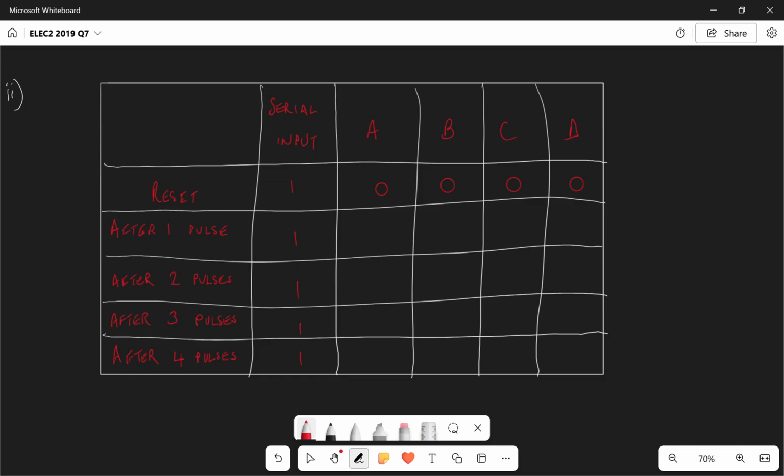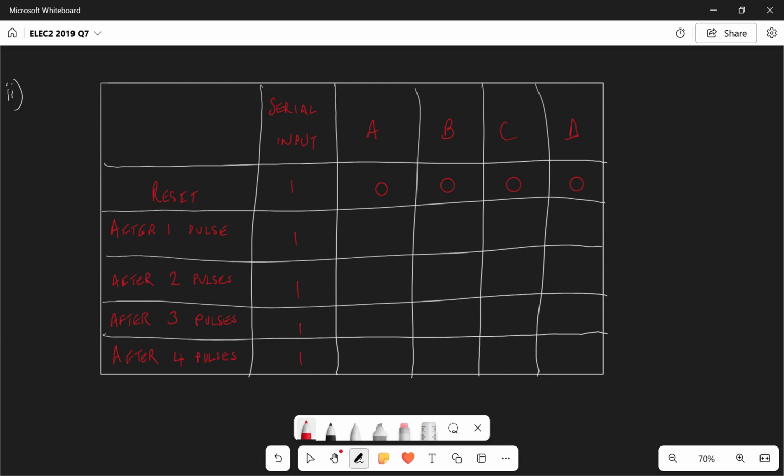And what happens is for each clock pulse, you get a shifting of D to Q. And what this means is that the serial input on the first clock pulse will go into A and become A's output. And then on the next clock pulse, another 1 from the serial input will become A's output, and A's output will become B's output, and so on.